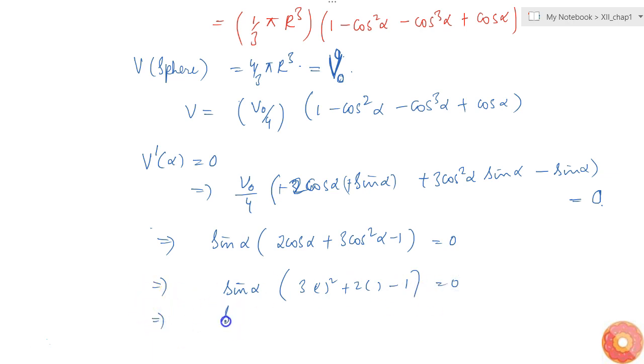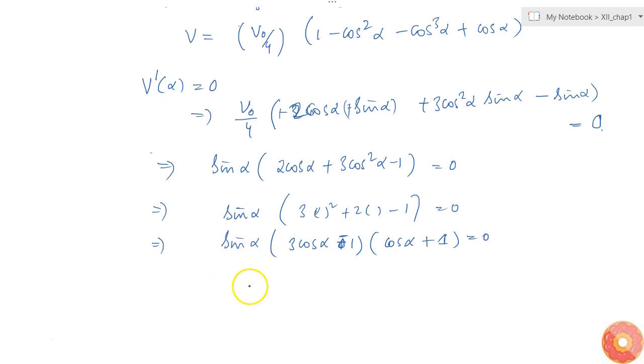So we can take sin alpha common into 3 cos alpha minus 1 into cos alpha plus 1 is equal to 0. So finally we get 3 values, that is cos alpha is equal to 1 by 3, cos alpha equal to minus 1, and sin alpha equal to 0.